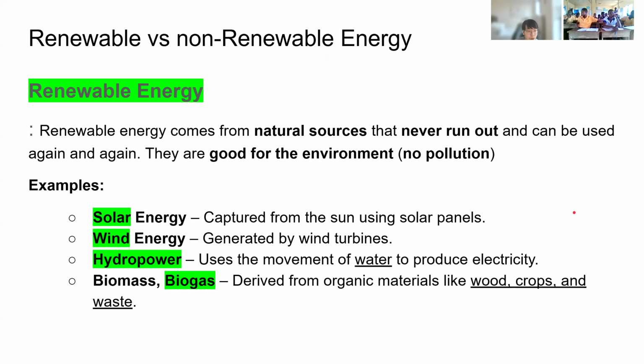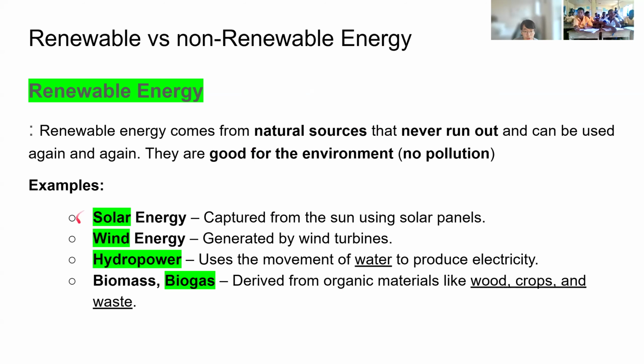Here, I will talk more about the renewable energy. It actually comes from natural sources, the solar and wind energies. They never run out and can be used again and again. It can be recycled. And they are good for the environment since there is no sort of pollution. It does not cause any significant consequences after using renewable energies because they come from natural sources.